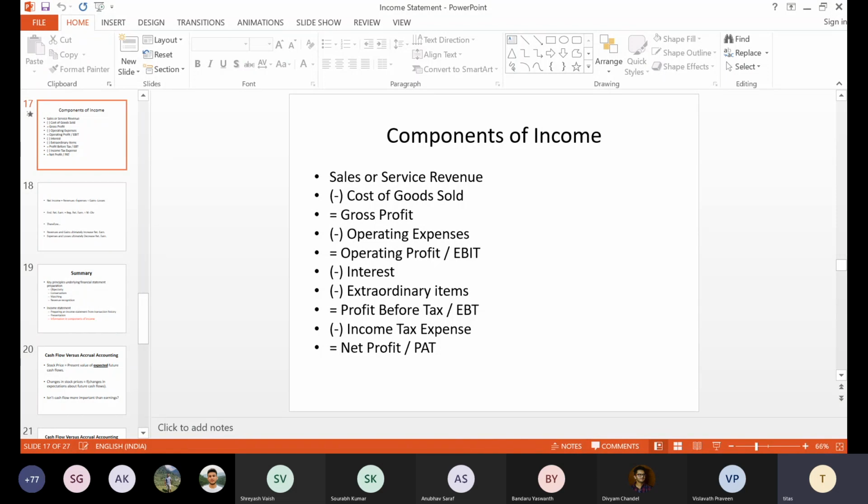Why so? Because gross profit tells us how efficient we are in controlling our direct cost, and how much we can build on the gross profit, gross margin. Regarding the sales and the cost, we can take decisions. And operating profit shows how efficiently we can manage our administrative expenses.